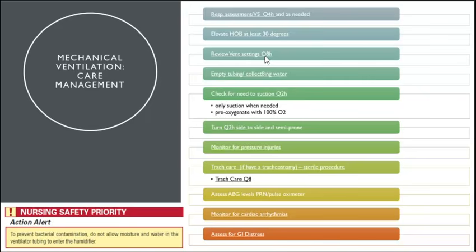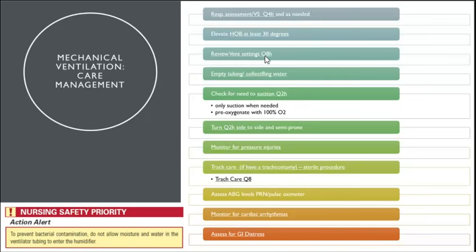Turn every 2 hours side to side in semi-prone. Monitor for pressure injuries. Have trach care. If the patient has a tracheostomy, make sure that you're doing trach care. That is a sterile procedure. Trach care needs to be done every 8 hours. You also need to be maintaining those mucous membranes so they're not tearing.